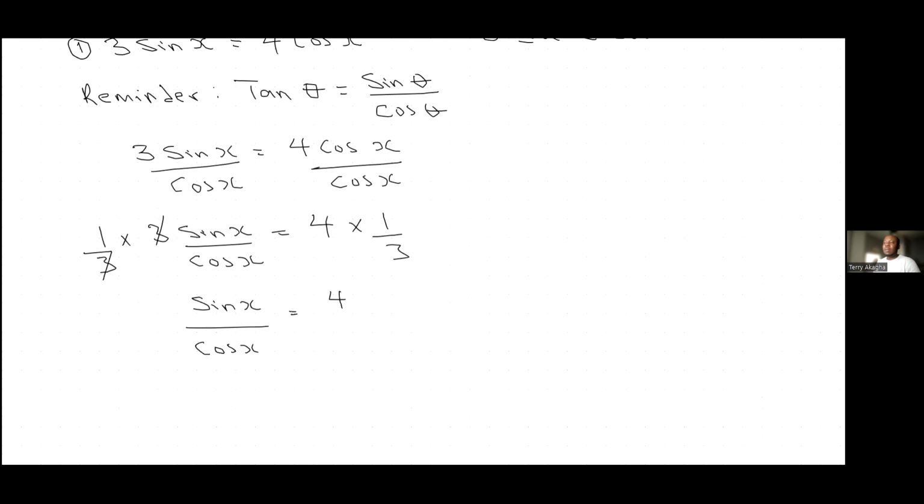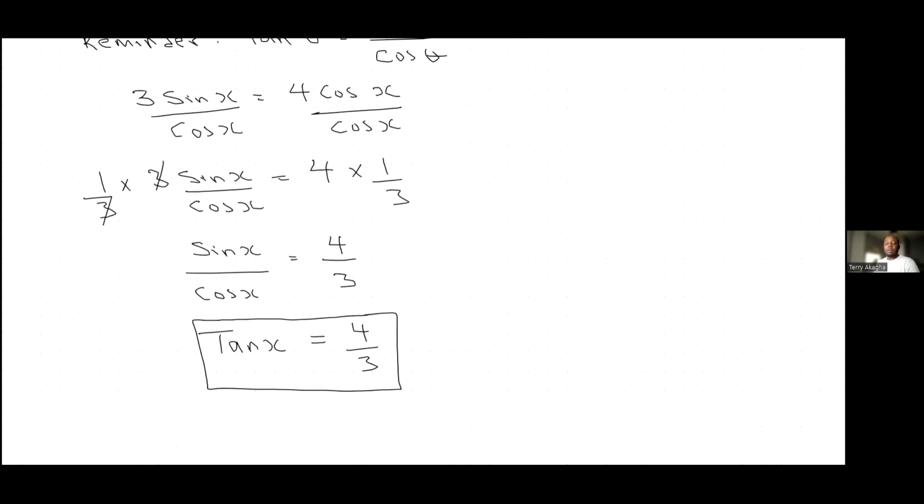But we know that sine x over cos x is equal to what? Tan x. So that will give you tan x is equal to 4 over 3. Now you can see that I've manipulated the whole initial question. I made it simple: tan x is equal to 4 over 3.